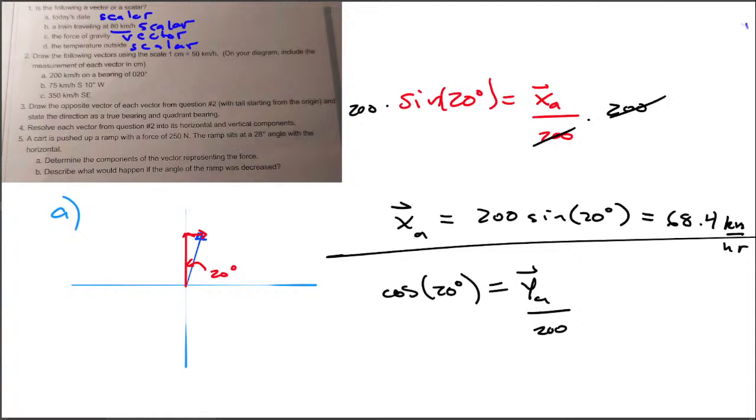Then we'll do the exact same thing we did on the last one. We'll multiply by 200 on both sides to cancel this, and then we get the y component of the A vector, and I'm not committed to that notation, but that's what I'm going to write, is 200 times the cosine of 20, which is 187.9.